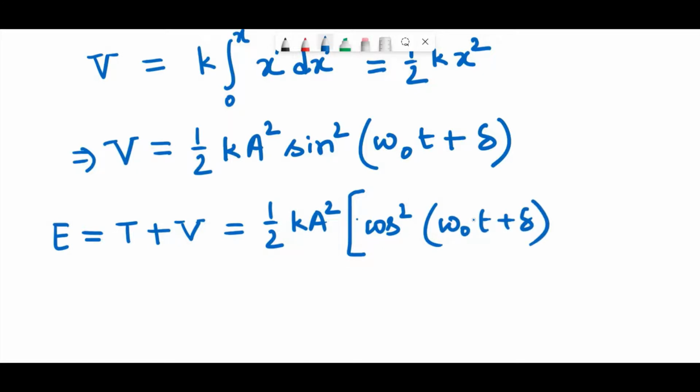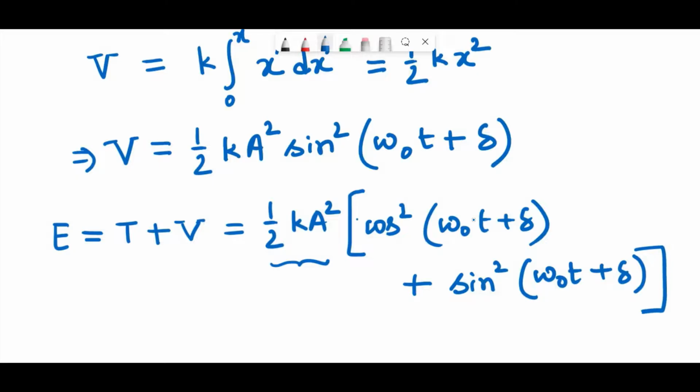So this is the expression for kinetic energy, but also this factor is common to both kinetic and potential energy, so we simply factor it out and write cosine squared omega naught t plus delta, and then sine squared omega naught t plus delta.